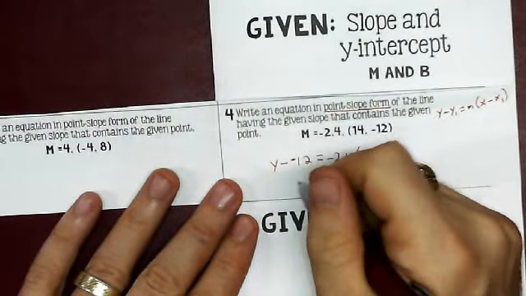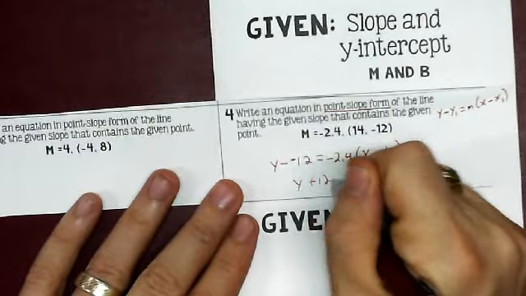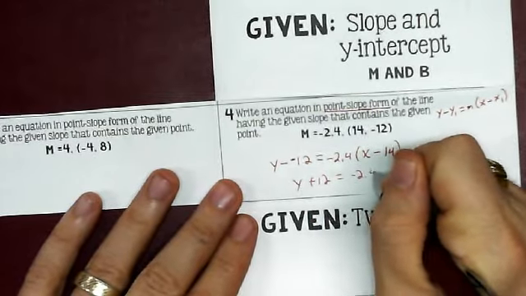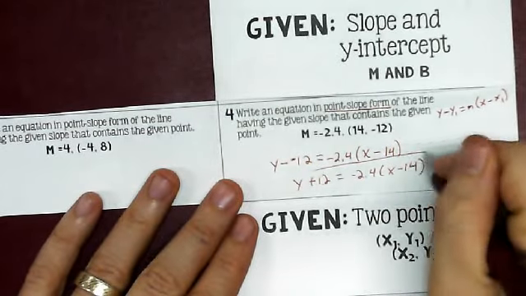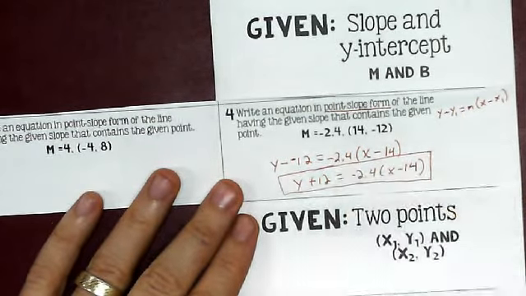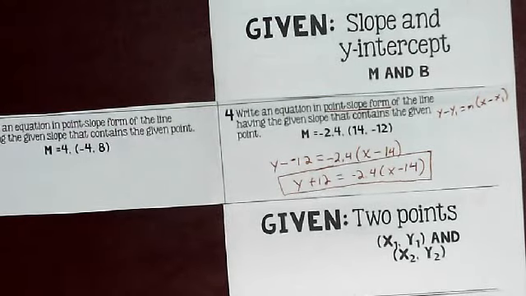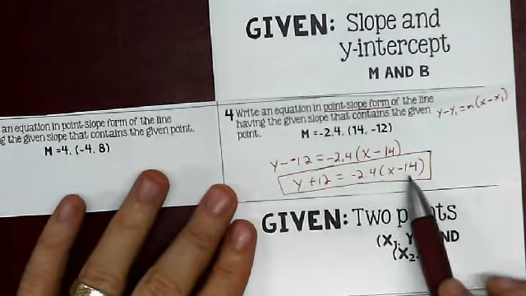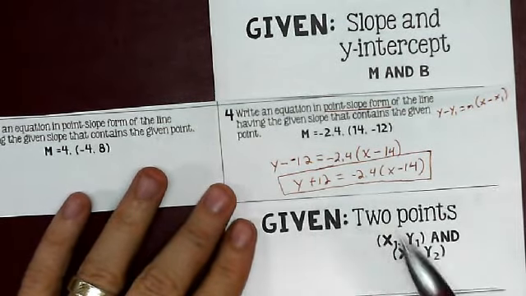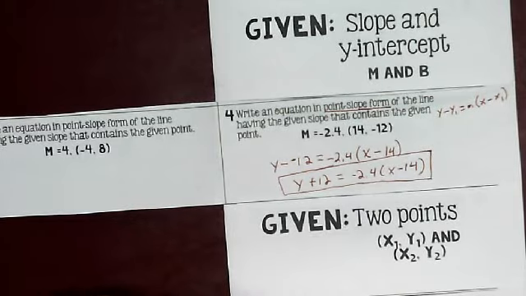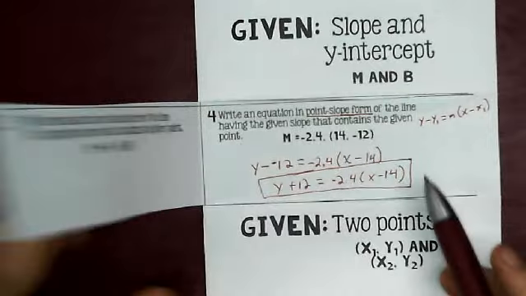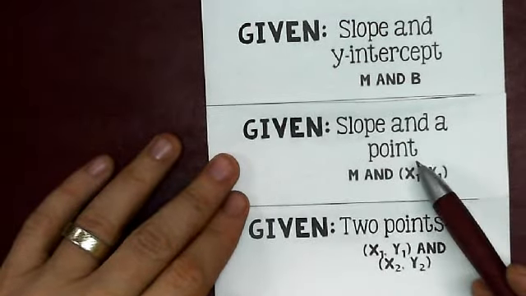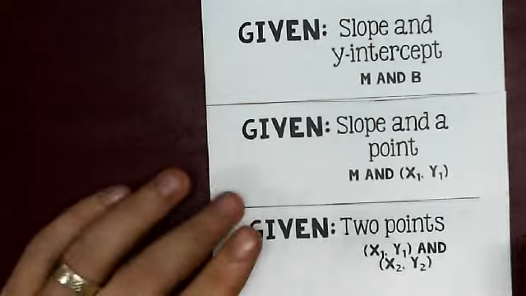I do have this double negative, so I want to fix that. y plus 12 equals negative 2.4 times x minus 14. And this is point-slope form. Now if you want to get this back into slope-intercept form, it's just a matter of distributing and then getting rid of this term over here, which I will show you on our next example. But this was using point-slope form if you're given the slope and a point. Again, it's just plug and play.